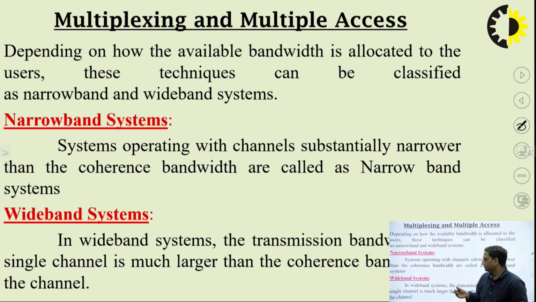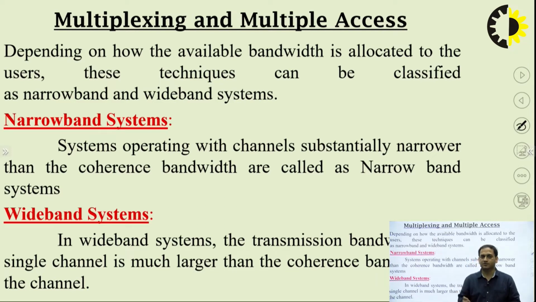It means in the narrowband system the different users use a small bandwidth. In this case, the message signal bandwidth is lesser than the coherence bandwidth.